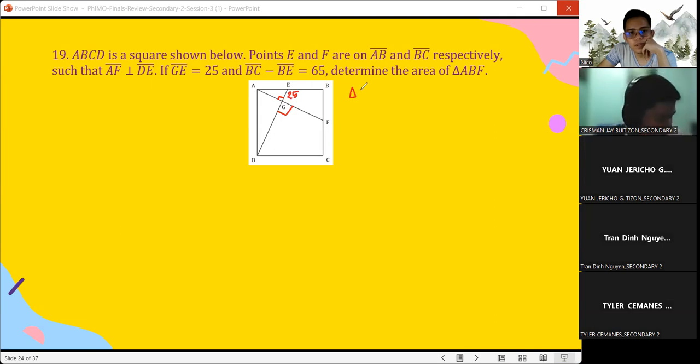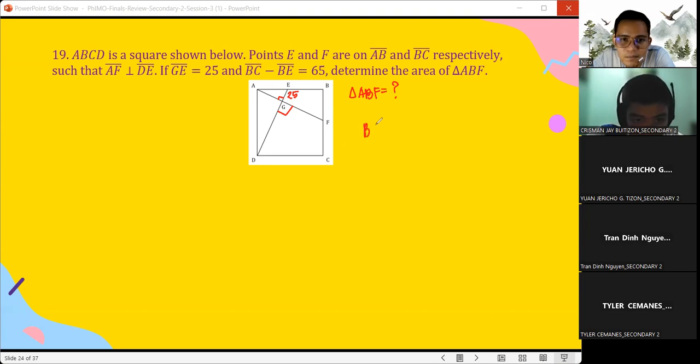So solve for ABF. Okay, actually, geometry is the one that I hate the most. Anyway, so note that AGE, this one here, has 25 here, no? And this is a 90-degree angle. So BC minus BE is 65.